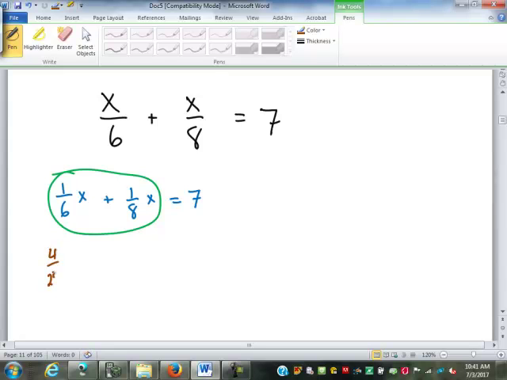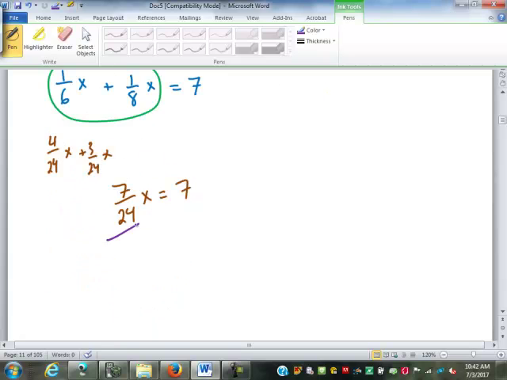This is going to be 4/24 x plus 3/24 x, which is 7/24 x equals 7. And we would solve that by doing what? It's 7/24 times x. We're going to divide by the 7/24, or multiply by 24 over 7, right? So x equals 24.